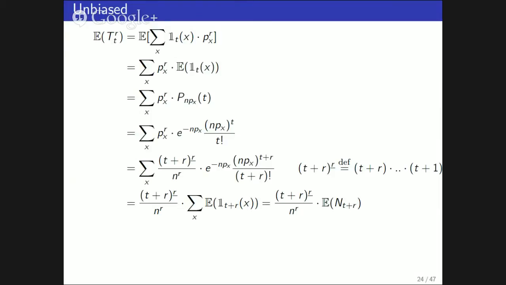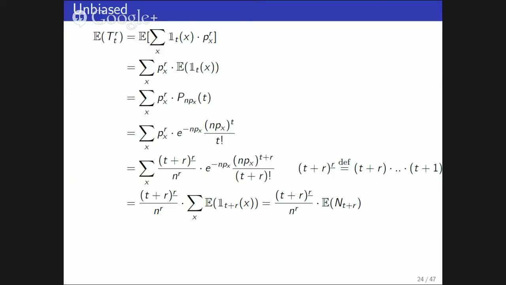So what you have is this quantity times the summation of the indicator function for elements x appearing t plus r times, which is just the number of elements that appear t plus r times.